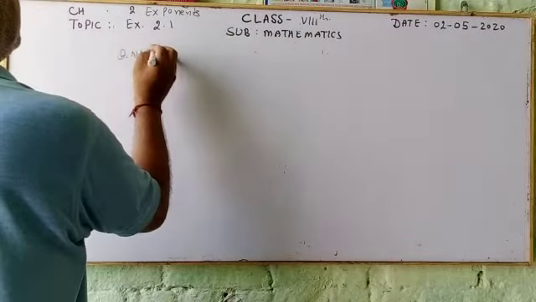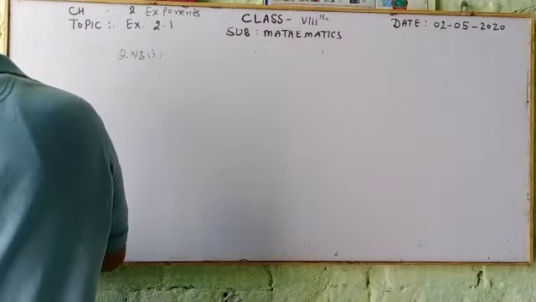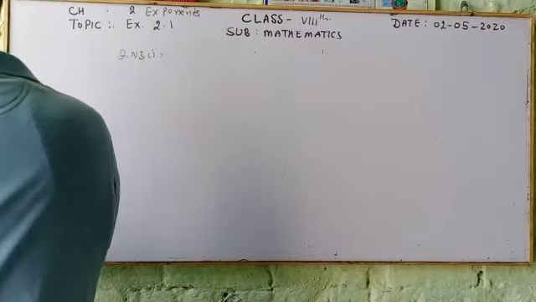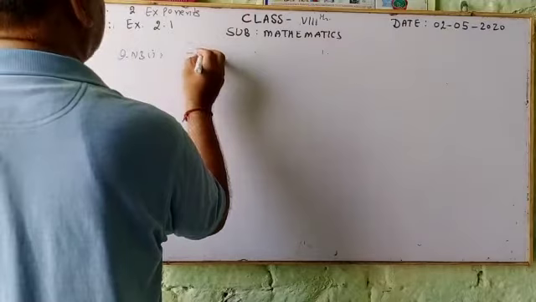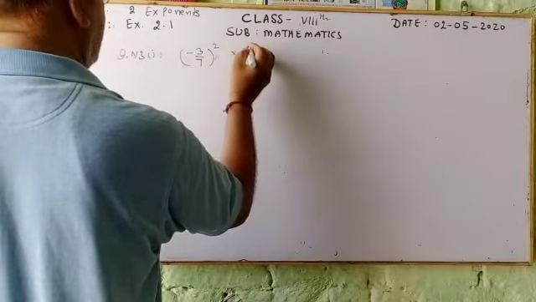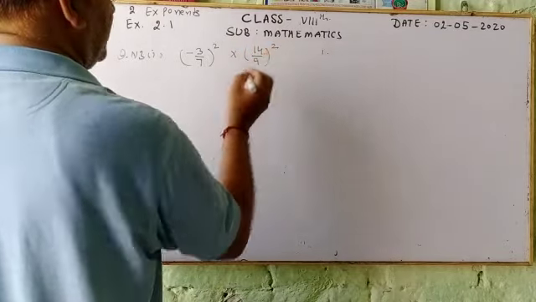Question number 3, first part. Minus 3 upon 7 whole square into 14 upon 9 whole square.